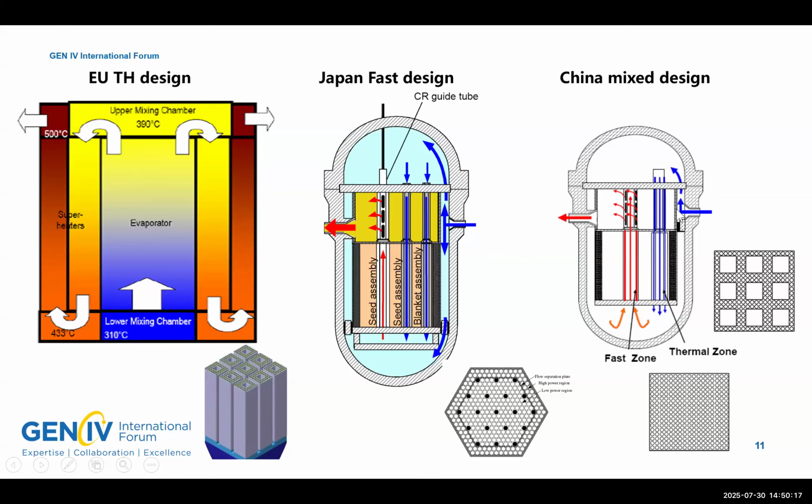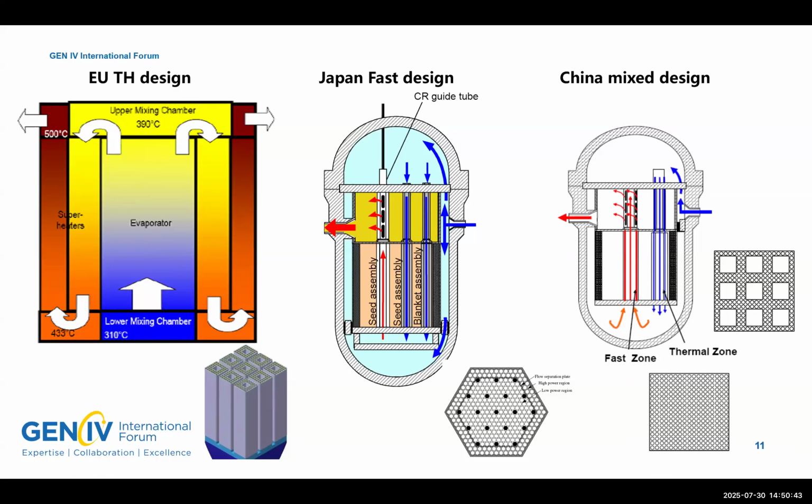The coolant enters the pressure vessel going upward, and then firstly goes downward through the thermal fuel assemblies, is heated up and mixed in the lower plenum, and then goes upward again through the fast zone.